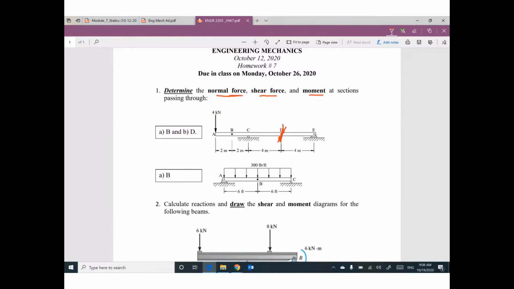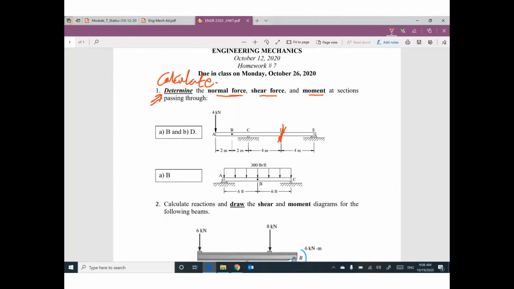So the problem in this kind of problems will ask you to determine or to calculate internal forces at only specific point.